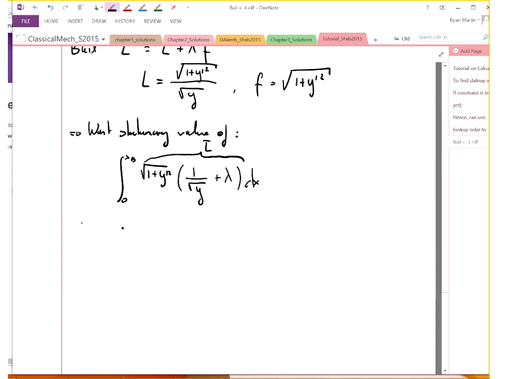So for the other version, we can use the fact that y prime times ∂L/∂y prime minus L equals a constant.